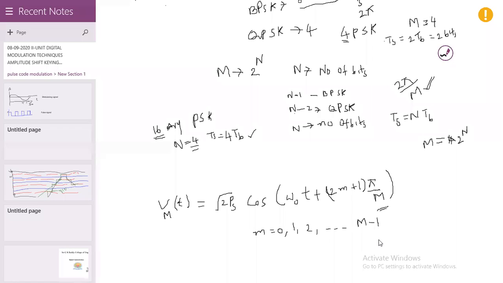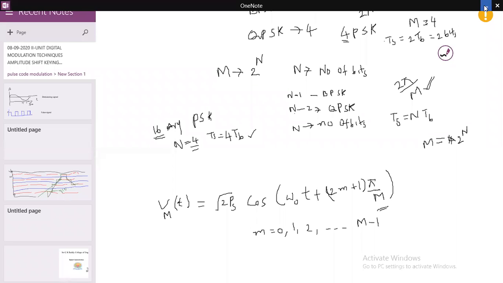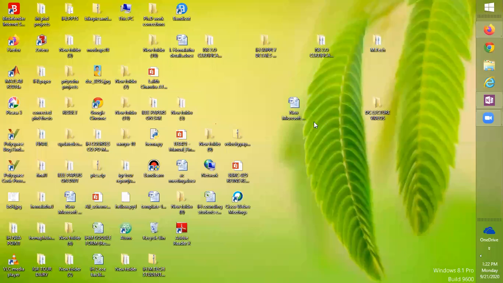Suppose you have to write the equation for M-array PSK for M is equal to 4. Not M is equal to 4, because M is equal to 4 becomes QPSK. Say M is equal to 8.